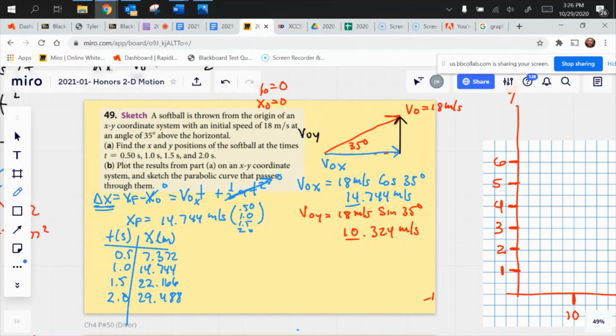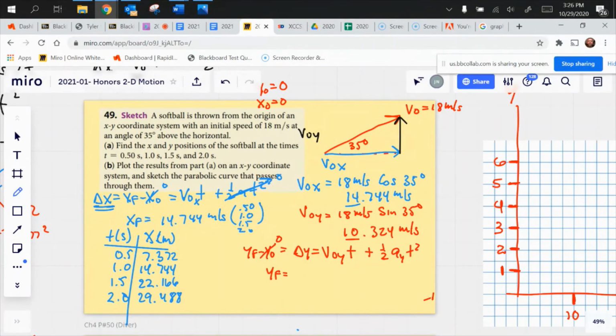Now I'm going to do a similar thing in the Y direction, except in the Y direction there's a little more to it because there is acceleration. In the Y direction, delta Y is my initial velocity in the Y times my time plus half of my acceleration in the Y direction times time squared. Remember, delta Y is, just like I said before, final minus initial Y. That initial Y is 0. They said it was thrown from the origin.